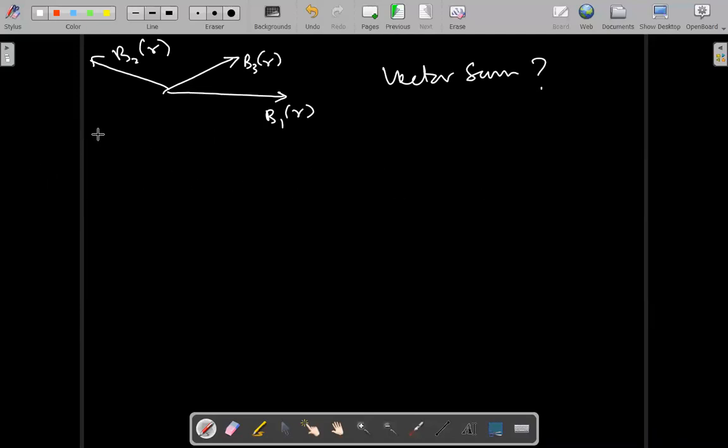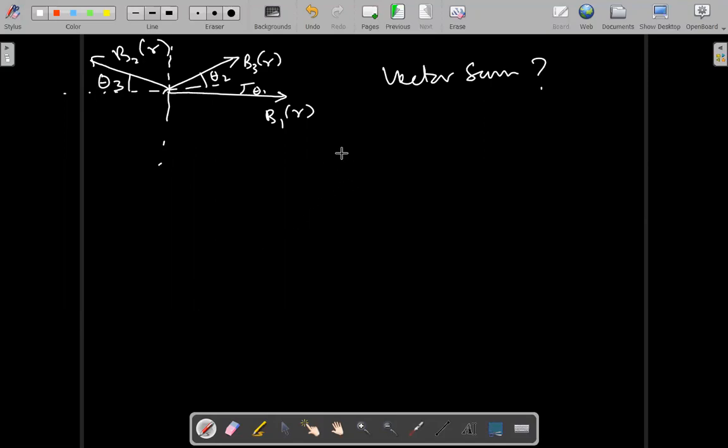So we draw horizontal and vertical axes. Then we find out the angle each one is making. Say this is theta 1, this is theta 2, and this is theta 3. So we make sure we find the angles these forces make with the horizontal.